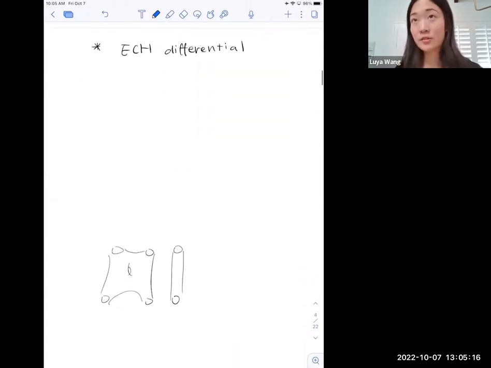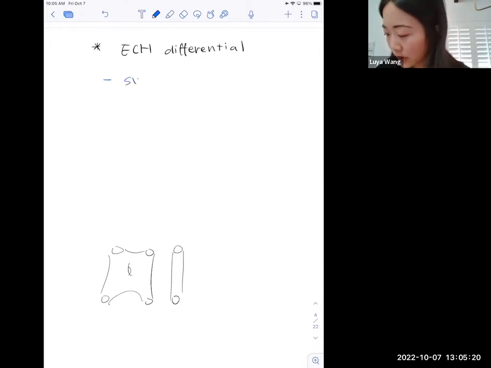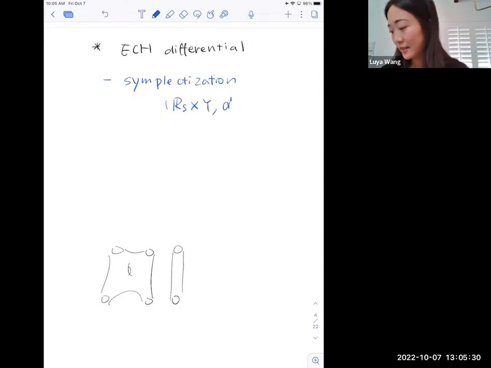So to talk about the ECH differential, I first need to tell you which symplectic manifold we're in. We're in the symplectization. So this is familiar in a lot of the stories.